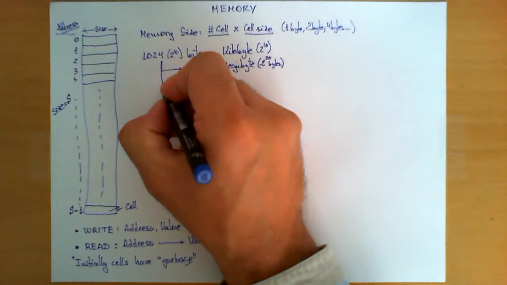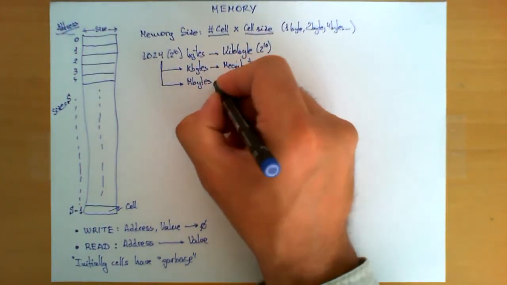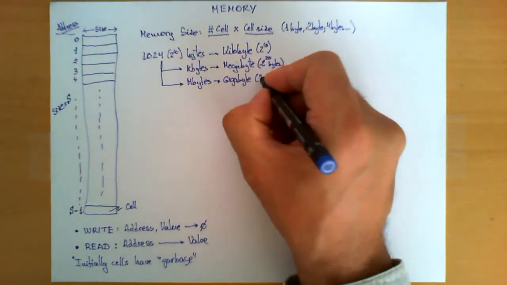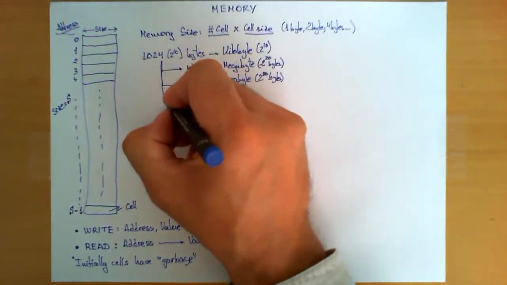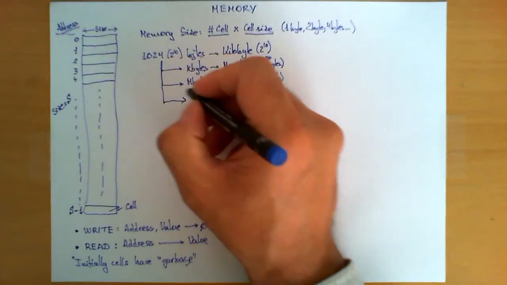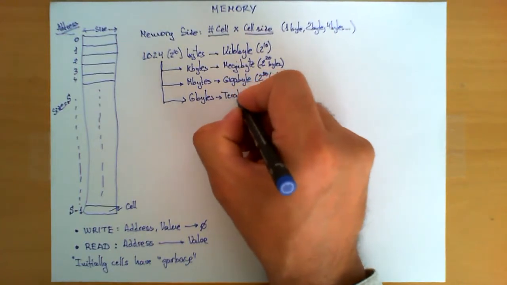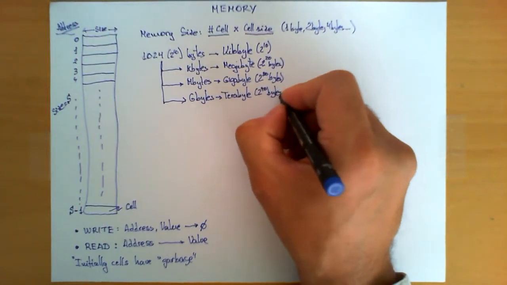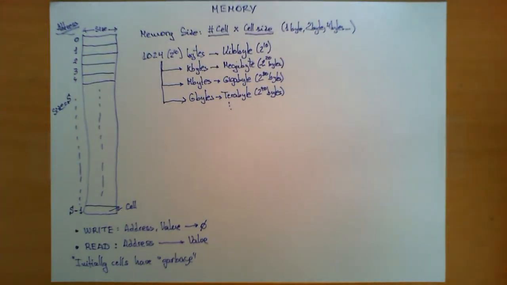If again we have 1024 megabytes, that unit we call a gigabyte, and it's 2 to the 30 bytes. And if we have 1024 gigabytes, we have what we call a terabyte, or 2 to the 40 bytes. And so on. There are several additional prefixes that you can use to address different memory sizes.